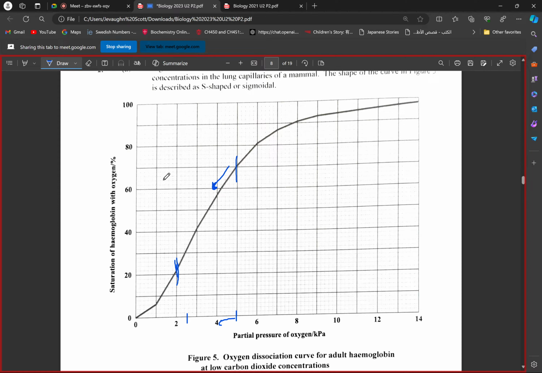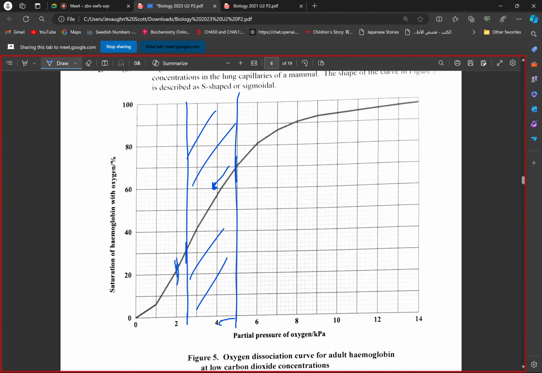Go ahead. Sir, I'm not entirely sure, but is this the part where the oxygen is really being loaded in? Okay, so we could describe it. Yes, it's generally the part. Oxygen is being loaded in all over, right, within the graph. But we're looking at how the relationship between partial pressure and the saturation of hemoglobin is in this section.